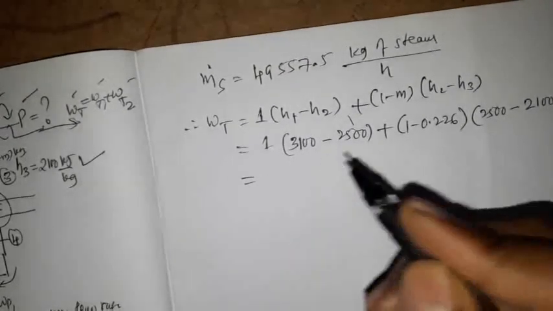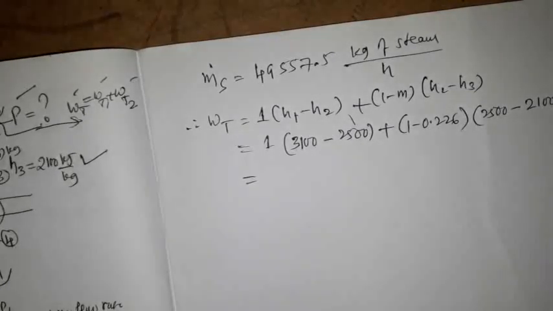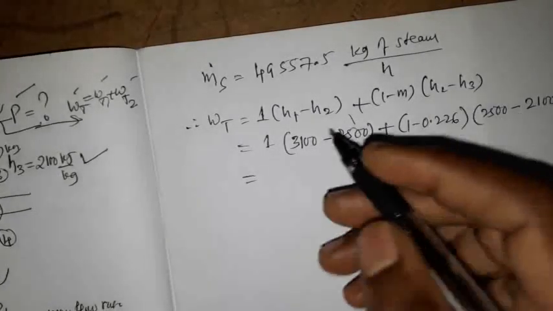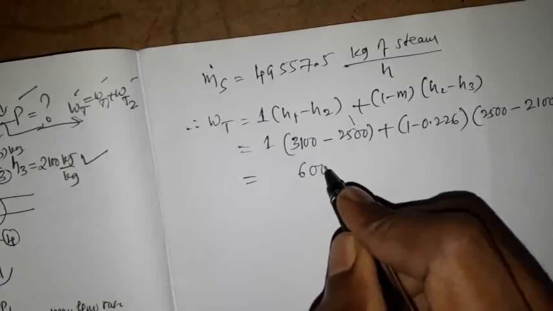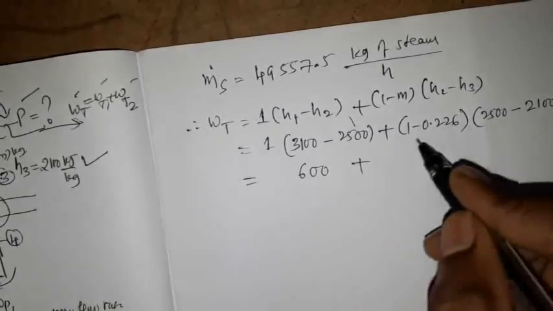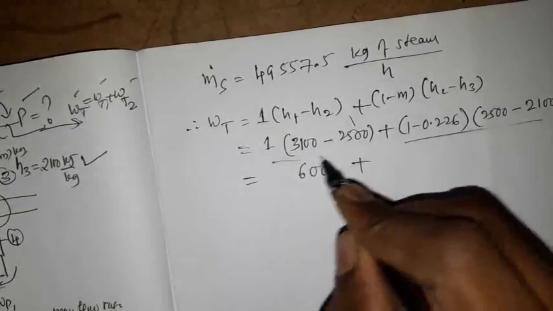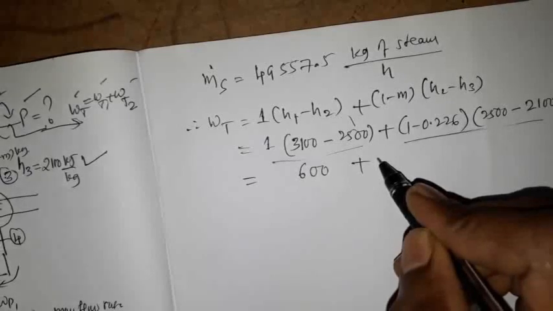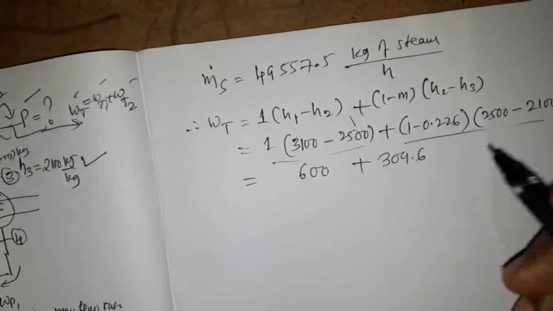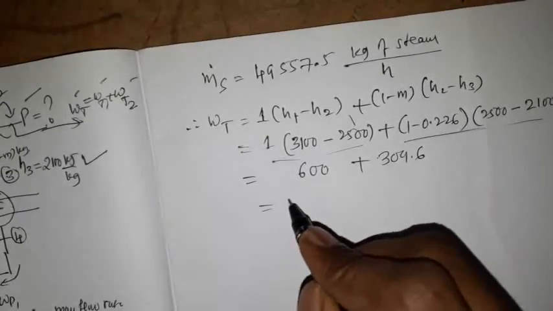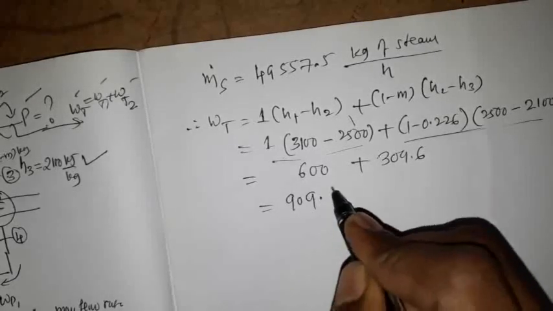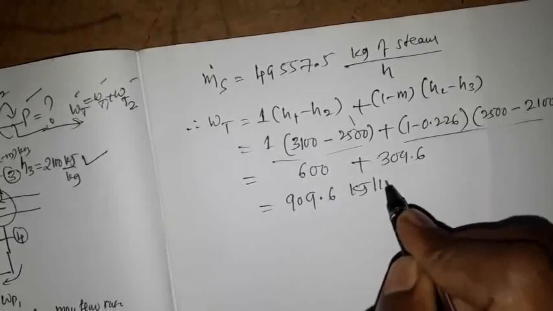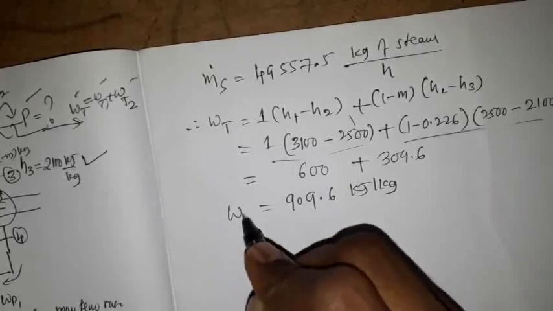If I operate the calculator, I will get 600 plus 309.6. So the total is 909.6 kilojoule per kg of steam supplied.